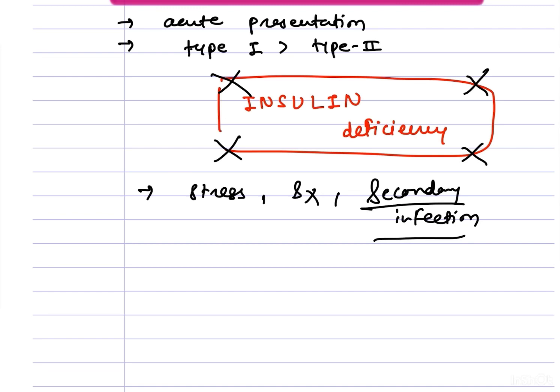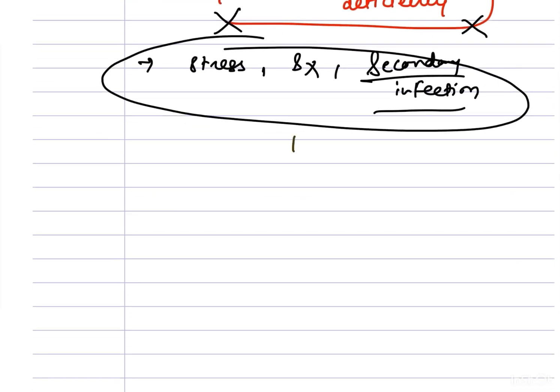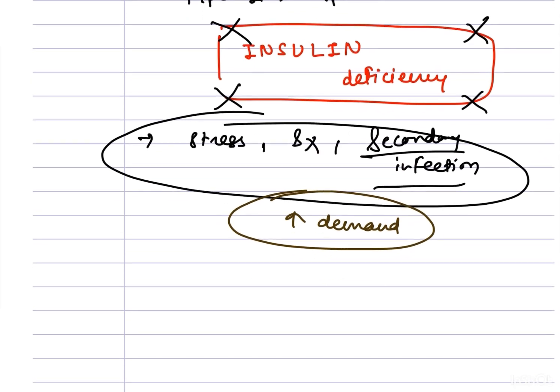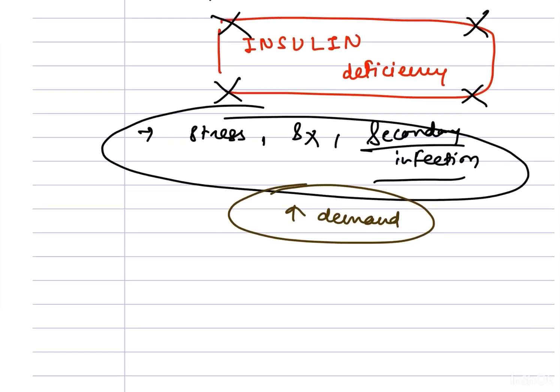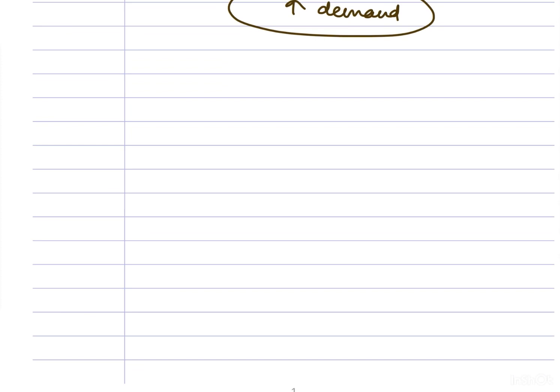So these three will increase the demand of insulin, but the body is suffering from insulin deficiency. So now the cycle of diabetic ketoacidosis will start. Diabetic ketoacidosis is the result of that cycle. Now we will discuss this cycle. It is important. We will give it the title of pathogenesis.